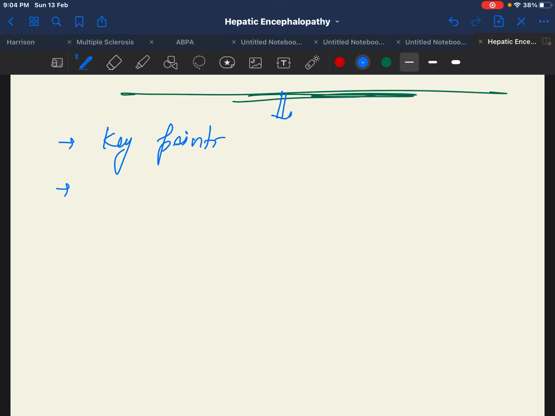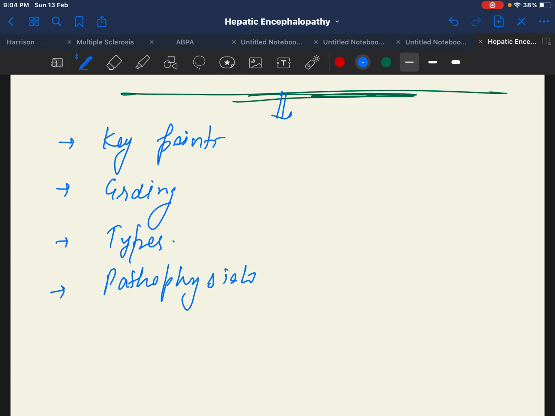Then other points are the grading system of hepatic encephalopathy, the types of hepatic encephalopathy, the precipitating factors, and the pathophysiology, not in much detail but a little bit, which is necessary for our understanding.